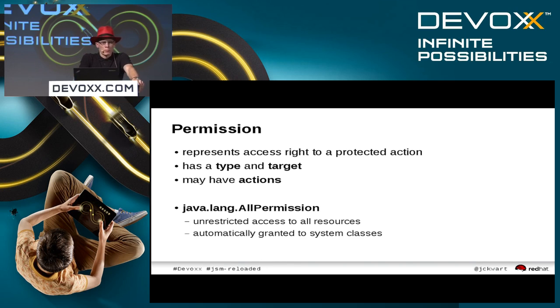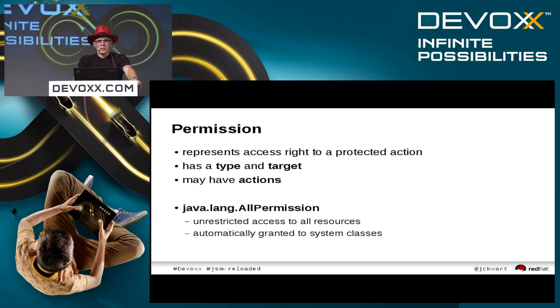So the third component is permissions, and the permissions are your rights to do the protected action. A permission has a type, which is a Java type, it has a target or name, for example a property name if you are reading or writing system properties, or a file path if you are using file permissions, and it may have actions.